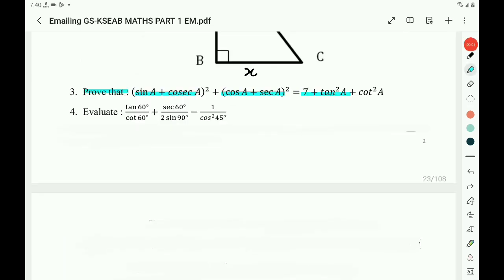Now the next question, which we have taken as the fourth question. Evaluate tan 60 by cot 60 plus secant 60 by 2 sin 90 minus 1 by cos square 45 degree.